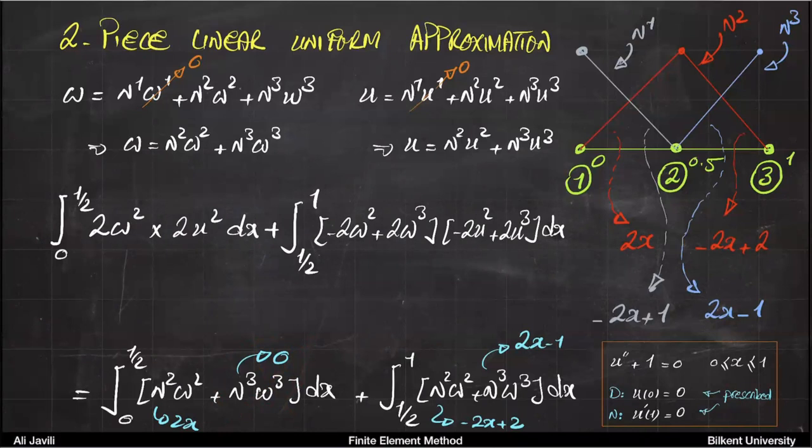Here you do the same thing, so minus 2x gives minus x squared, then plus 2x, and so on. So on the right-hand side, you just have those integrals. If I want to write it, it's the integral from 0 to 1/2 of 2x w2 dx plus the integral from 1/2 to 1.